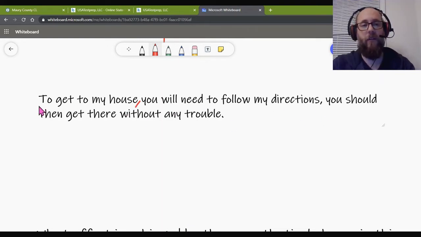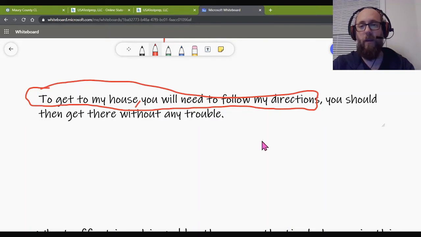Anytime that you have a dependent and independent clause put together, you can do this with a little comma between them. That's fine. If we're going to throw in a whole other sentence, it's part of this sentence, but it's sort of its own sentence. It's got its own subject and predicate.